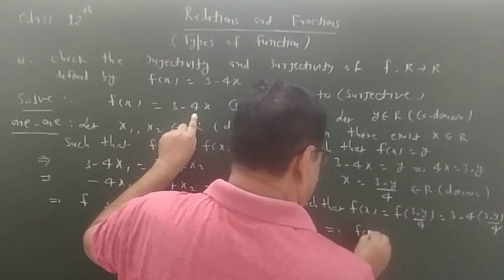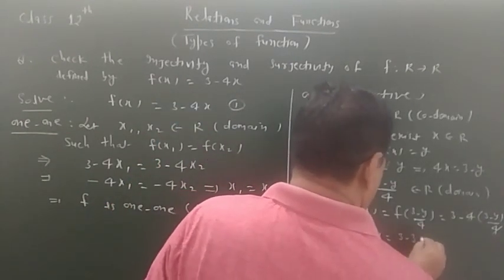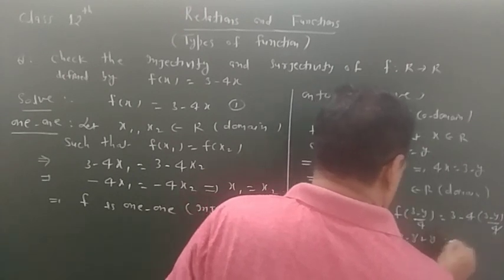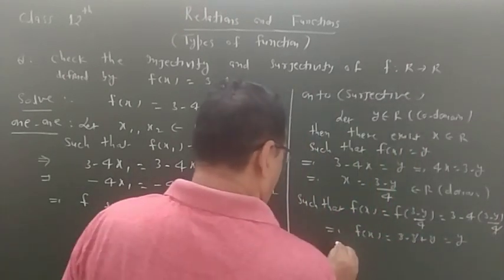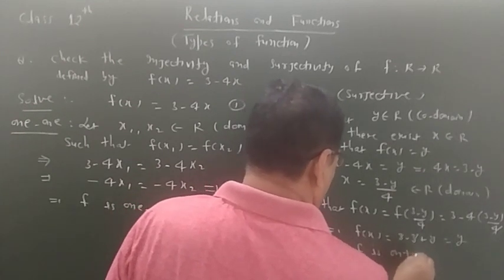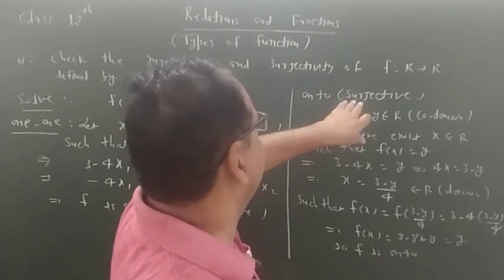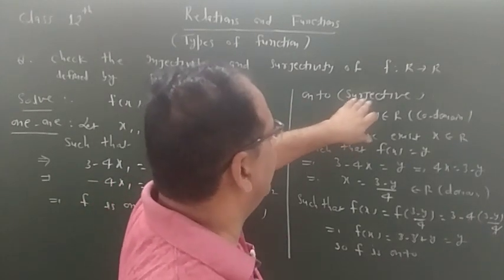This implies that f(x) = 3 - 3 + y = y. So f is onto. In this part we want to check that the function is surjective or not.